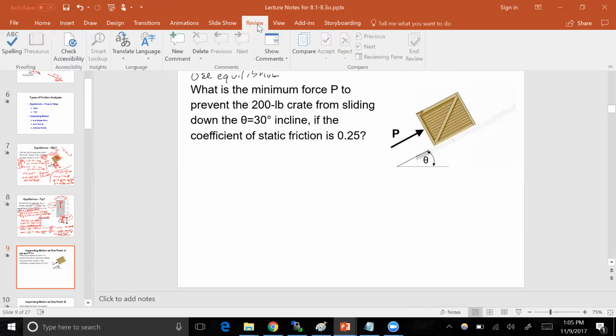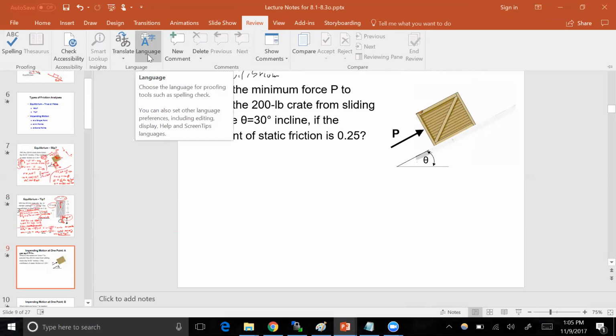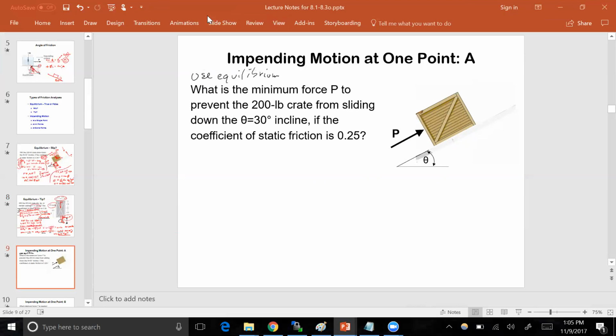We know that friction is what? When you're at impending motion, when the thing's about to move, what do you know about the friction force? Yeah, impending motion means you're actually not moving yet. But if things change a little bit more, then you're going to move.